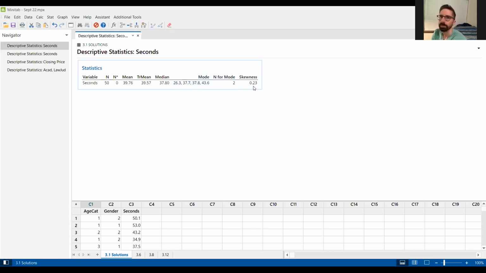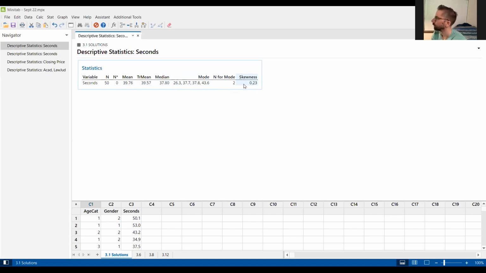Look here, it gives you a positive skewness. And if you compare the mean to the median, the mean is significantly bigger than the median, isn't it? The mean is 39.76. The median is 37.8. And we see positive skewness here.